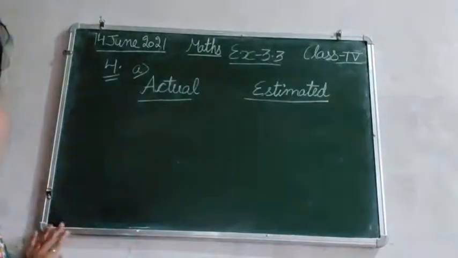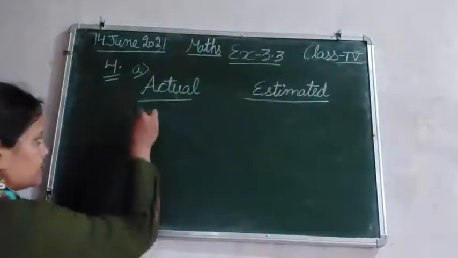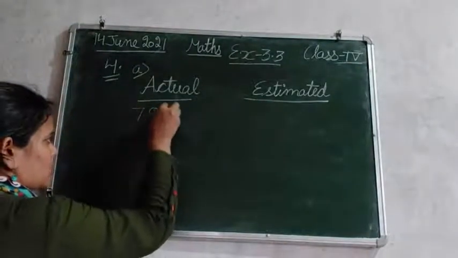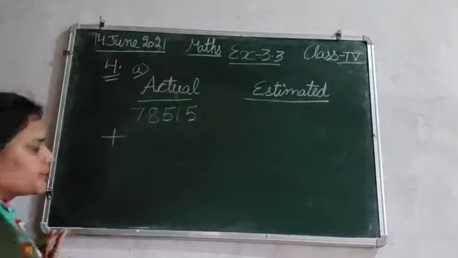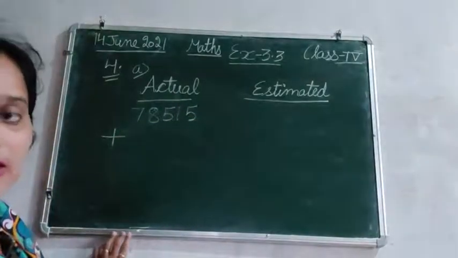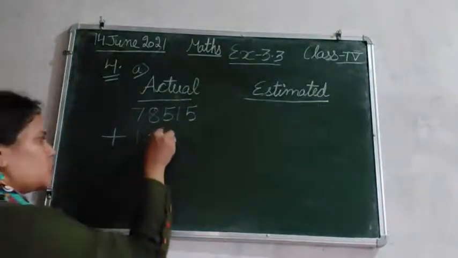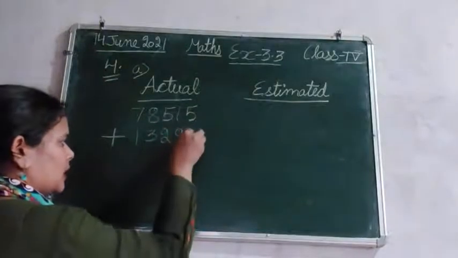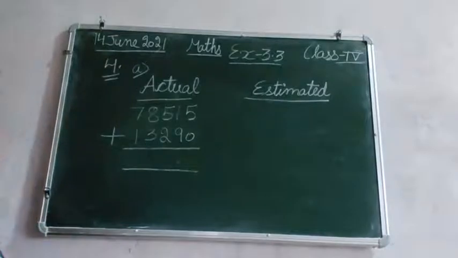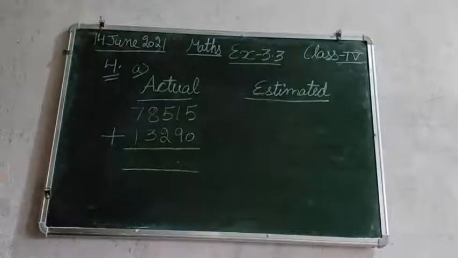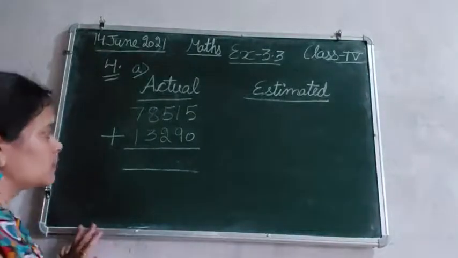So actual numbers are 78,515 plus 13,290. So we need to find its actual as well as estimated sum. तो हमें इसका actual और estimated sum ढूंढना है. Let's begin with it.